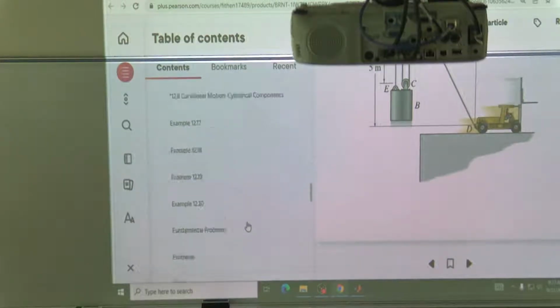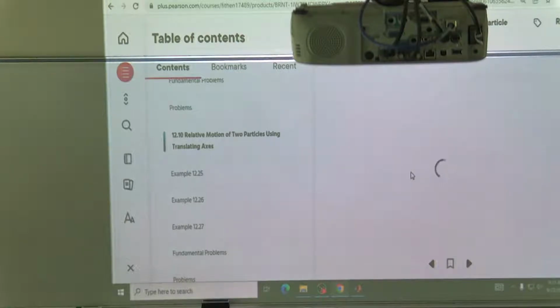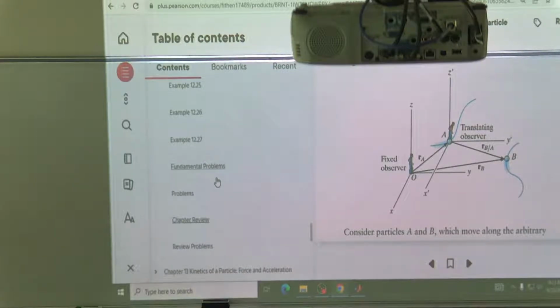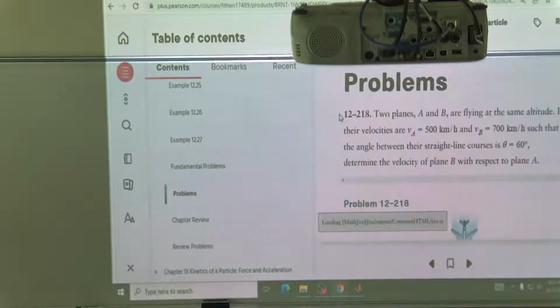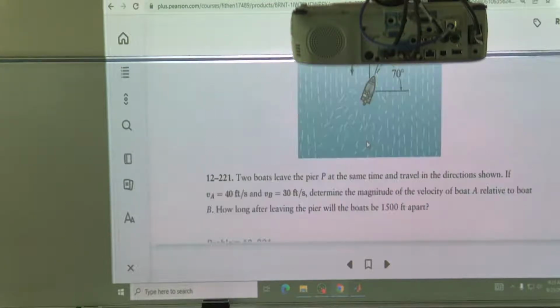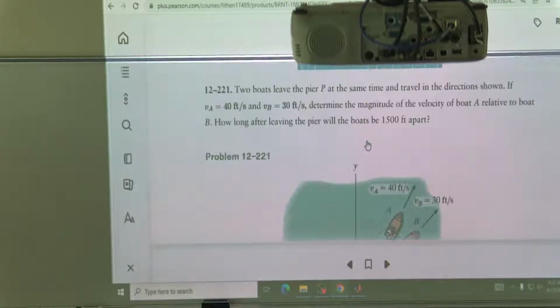Where's my highlight? Okay, I'm in there. Here's the observer, O, A, and B. There's the notation I was talking about. But then he separated the problems apart now. They used to all be together. Probably just because it's an online book.